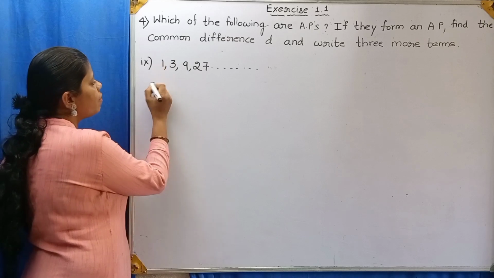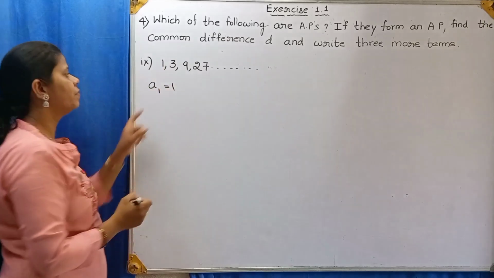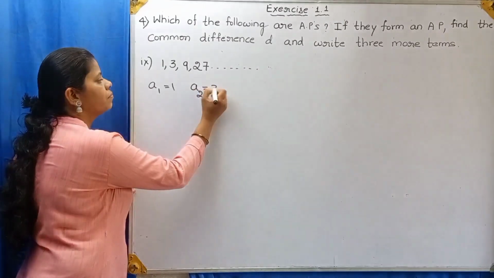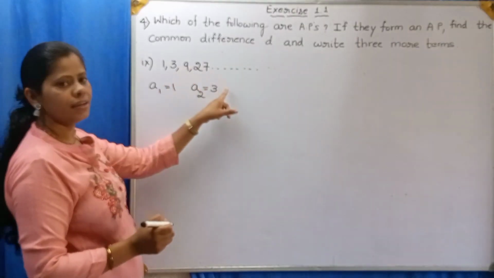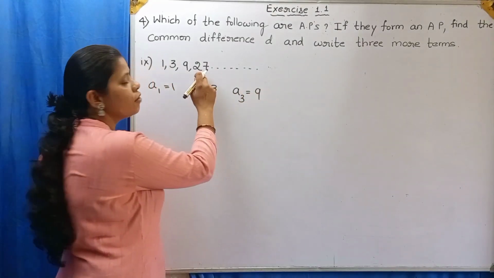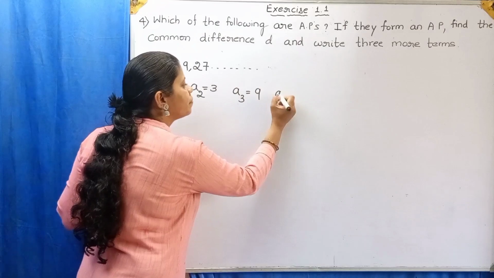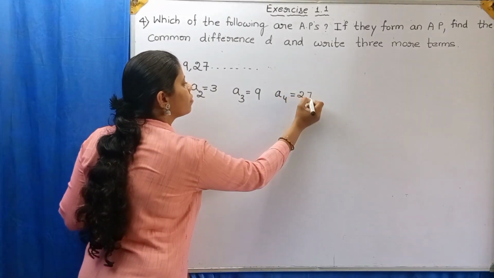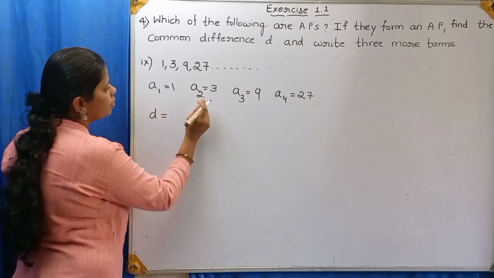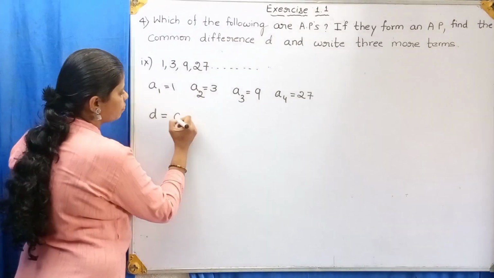We know that A1 is 1, A2 is 3, A3 is 9 and A4 is 27. Okay. Now D is equal to A2 minus A1.